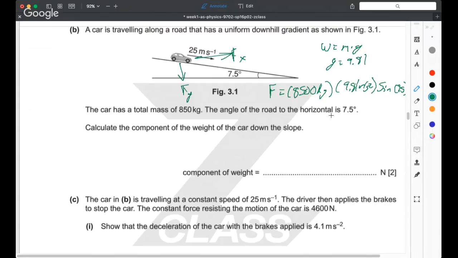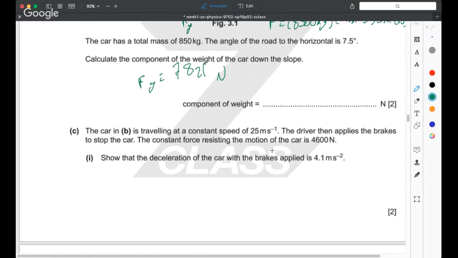We need the result for the other part. So the f of y is equal to 721 newtons, of course. Shall we calculate the next one?